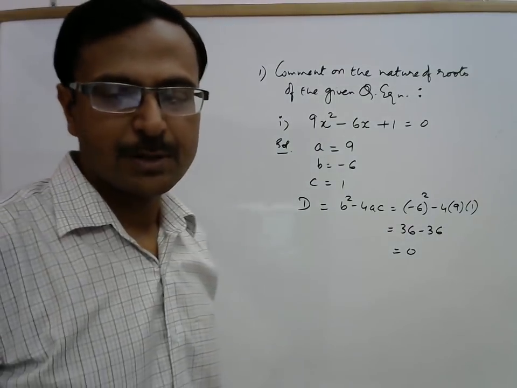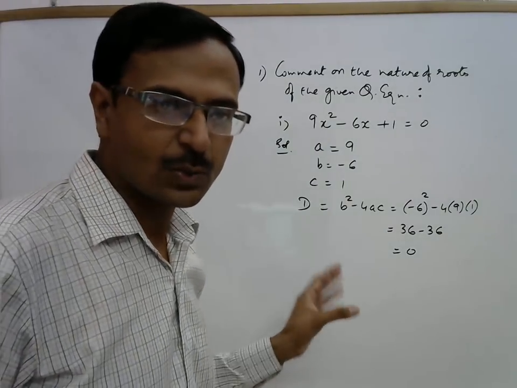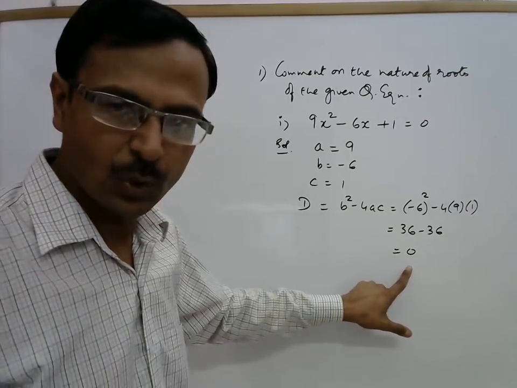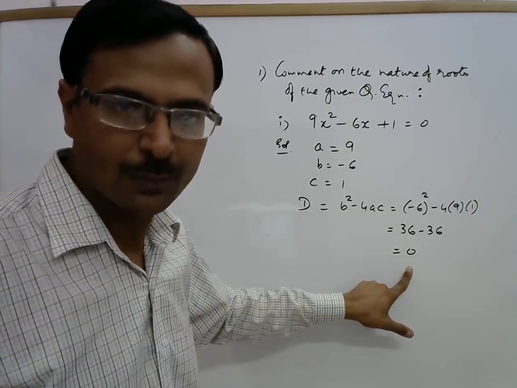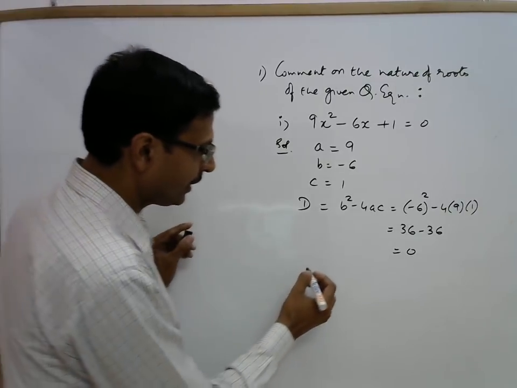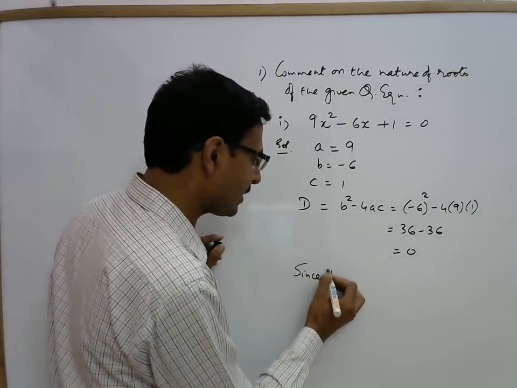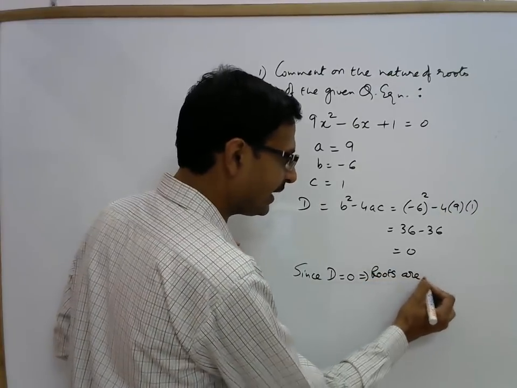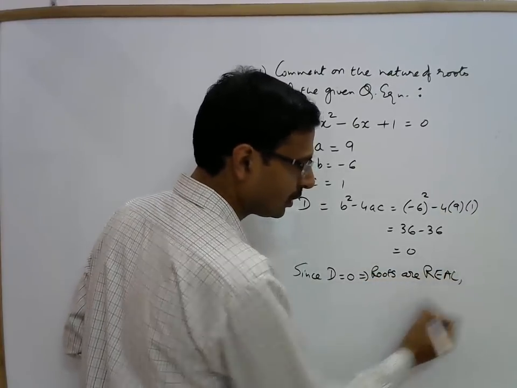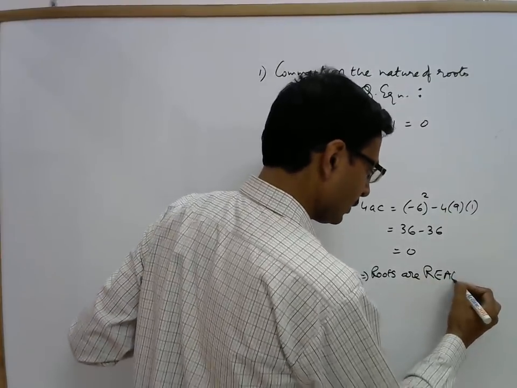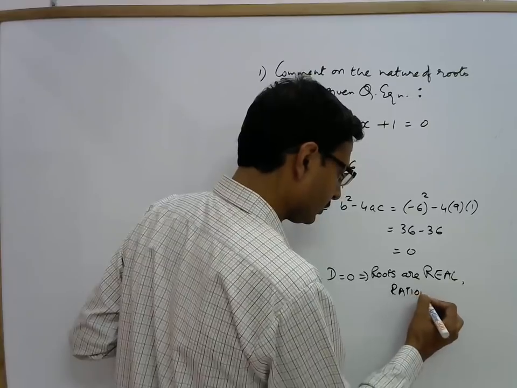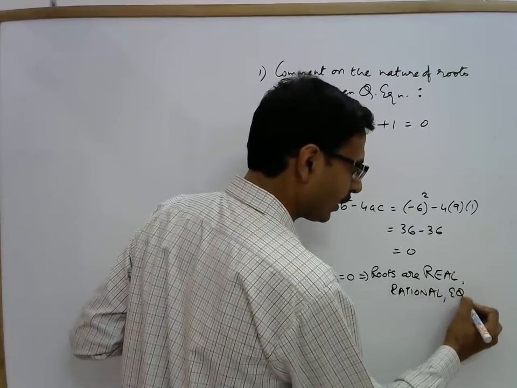Now see, the value of the discriminant will tell you what kind of roots this quadratic equation has. Since the discriminant is coming out to be 0, we can comment on the nature of roots. Since the discriminant is 0, that implies the roots are real, rational, and equal.